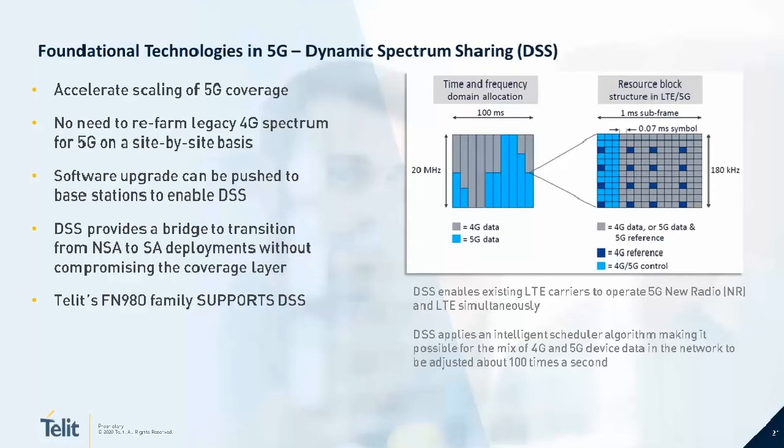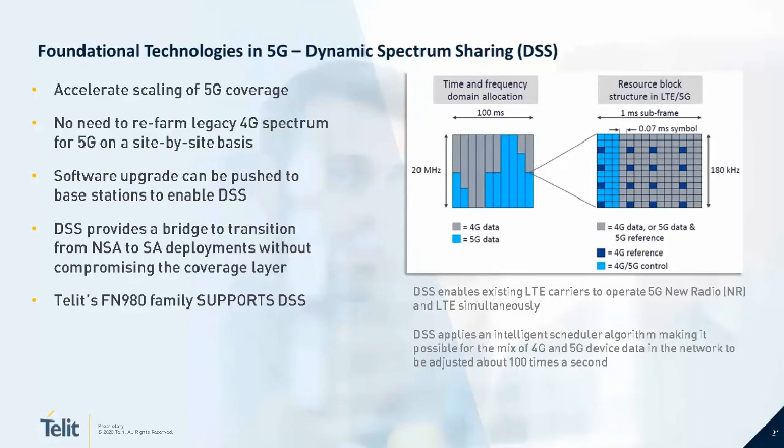So it spends a few of those blocks. These are basically resources. So it spends a few resources to send the control signal for this frame of data. And then dynamically, the gray and blue are intermixed. And so the receiver knows which box it's receiving a 5G signal in. And so it knows to send that data to the 5G application, and the blue data to the 4G, and then combine it and give it to the user application.